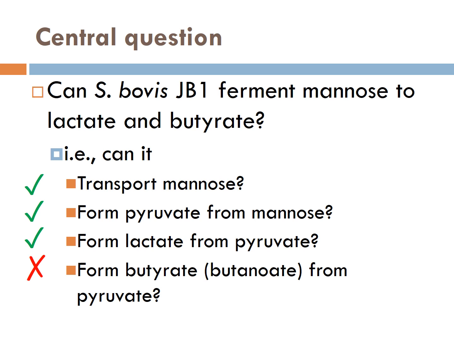So in sum, we can say that Strep bovis JB1 can ferment mannose to lactate. It can transport mannose, form pyruvate from mannose, and form lactate from pyruvate. However, it cannot ferment mannose to butyrate because it does not possess the enzymes to convert pyruvate to butyrate.